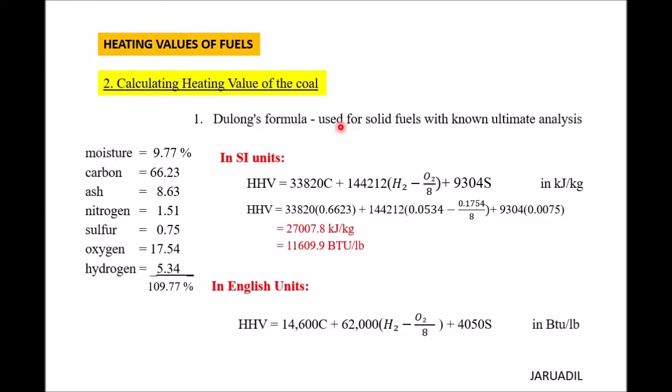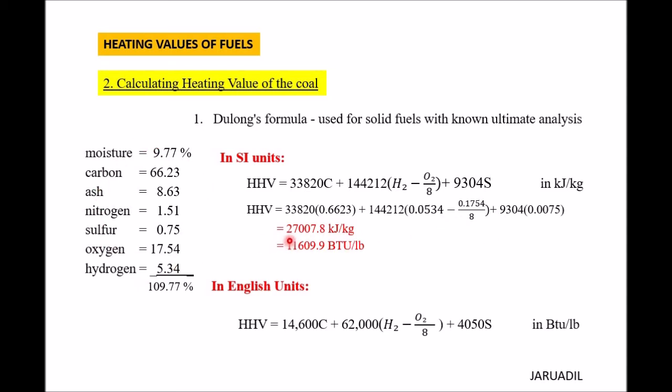So in SI units, higher heating value is equal to 33,820 times the carbon plus 144,212 times the quantity hydrogen minus oxygen divided by 8, plus 9,304 times sulfur. This one is in kilojoules per kilogram. You substitute the values in decimal: carbon, hydrogen 0.0534, and oxygen, galing dito sa ultimate analysis.